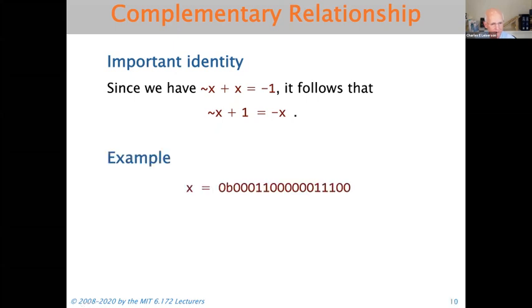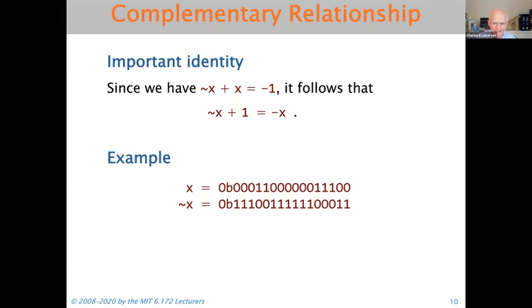So here's an example. Suppose we have this particular number. The 1's complement has a 1 everywhere x has a 0 and vice versa. Not the 0b prefix, of course, just the data. Now to compute the 2's complement of x, that is to compute minus x, we just add 1 to the 1's complement.